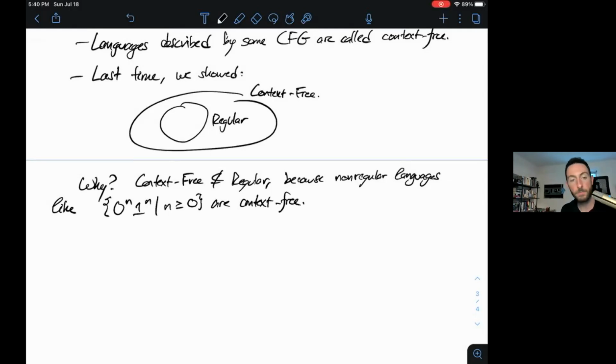There's a grammar that generates all the strings in that language, from which all the strings in that language can be derived. So the context-free languages cannot possibly be a subset of the regular languages.